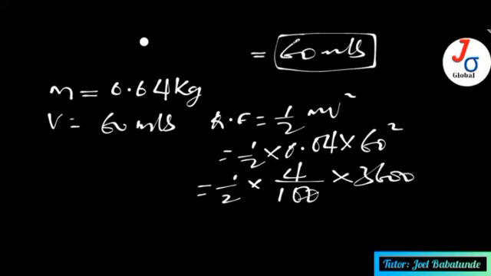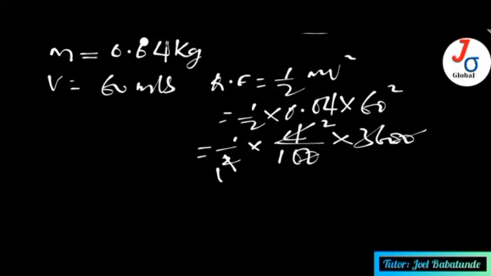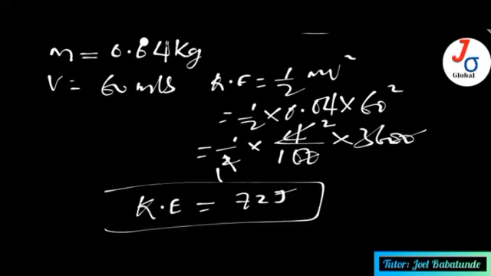So 2 zeros cancel 2 zeros, and 36 multiplied by 2 gives us 72 joules. So that's the kinetic energy for this question. Kinetic energy is 72 joules.